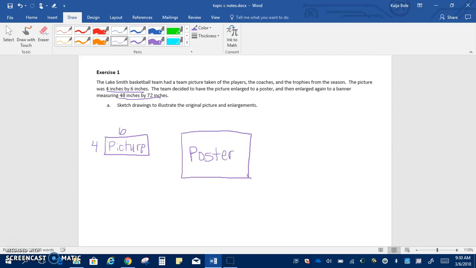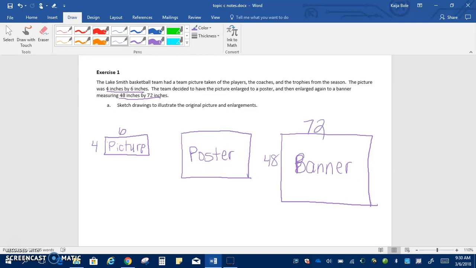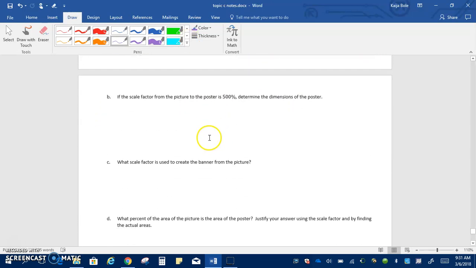And then our last one was a banner, so this is our biggest one. And the banner was 48 by 72. Okay, so we are going to refer back to those in our notes, but we are going to go ahead and flip over to the next page.